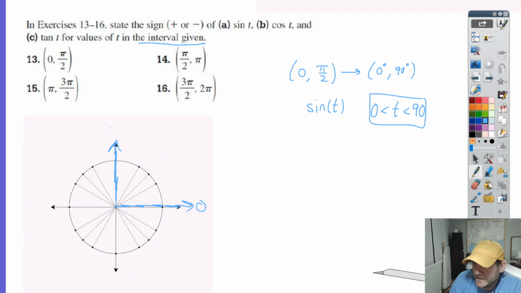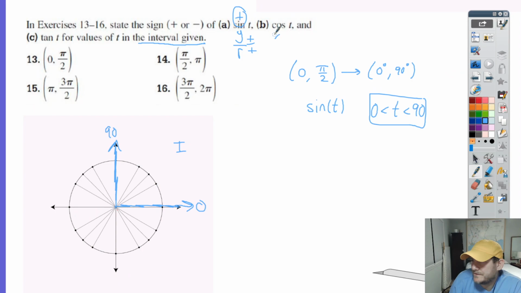Because here's 0, here's 90. So if I'm an angle that's living between 0 and 90, then I'm just an angle that lives in quadrant 1, which suddenly makes this easy because A, sine is y over r, but r is always positive. But you can see that in quadrant 1, the y values are always positive. Well, so are the x's, but it's going to be a positive number over a positive number, so of course sine is going to be positive.